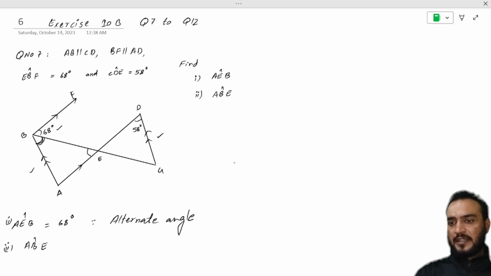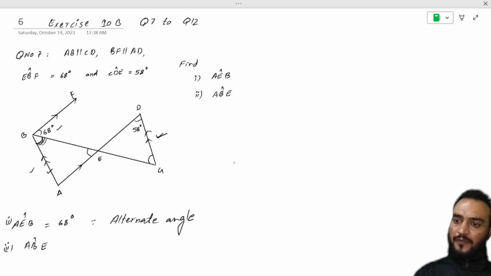You can see that line AB is parallel to the line GD also. So BG is the transversal between these two lines. So this angle is alternate to this angle.